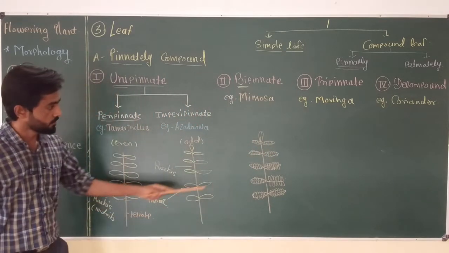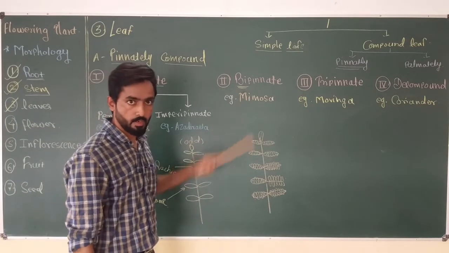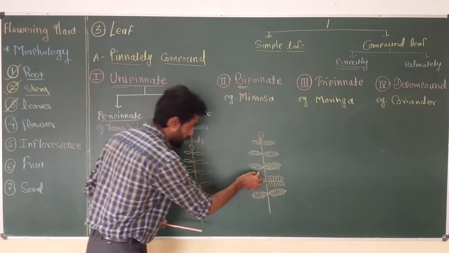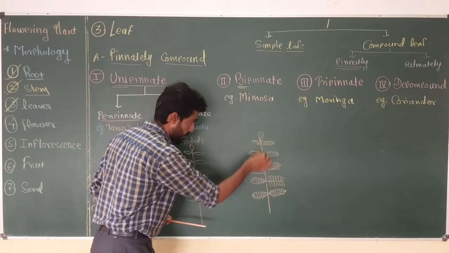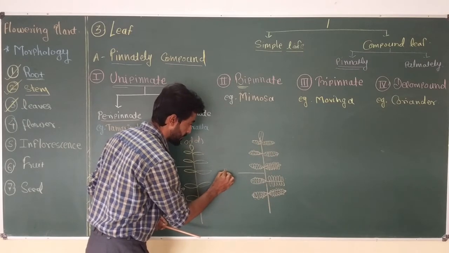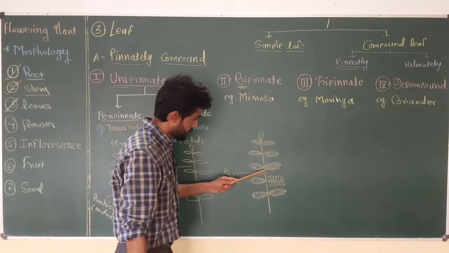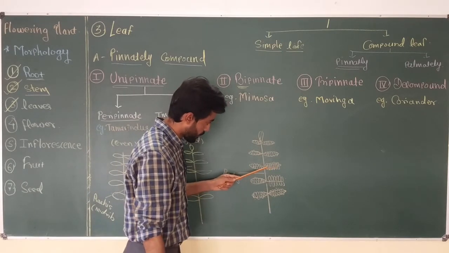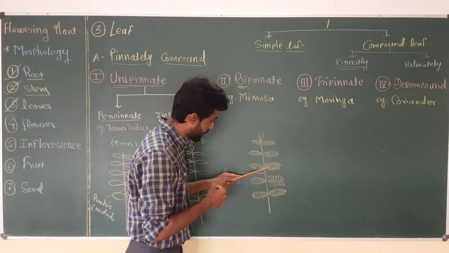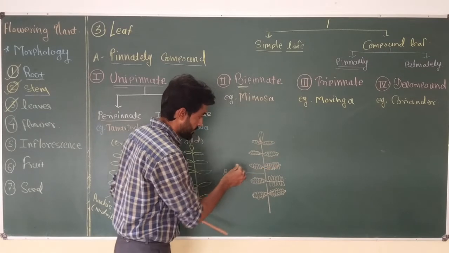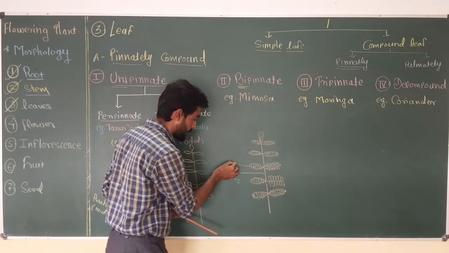Okay, and now the example of this type of plant is mimosa. The central main axis is called the rachis, and the midrib or the branch which is present in the leaflet is now called rachilla.